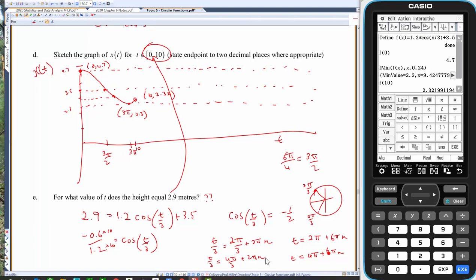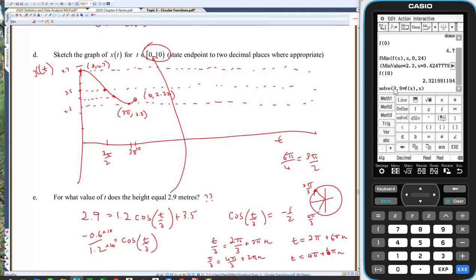Okay, now that's interesting. What we're noting here is that after the dilation from the y-axis, we're going to have solutions starting at 2 pi and then adding 6 pi to that, and then 4 pi. So I think these solutions can be rolled into the one solution. So let's go and solve on that. 2.9 equals f of x for x.